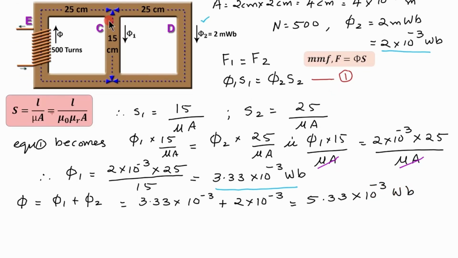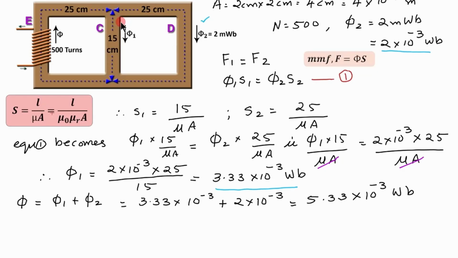See here, as path C and D are parallel, total ampere turns for the whole circuit is equal to the ampere turns required for path E plus ampere turns required for path C, that is F plus F1, or ampere turns required for path E plus ampere turns required for path D, that is F plus F2.